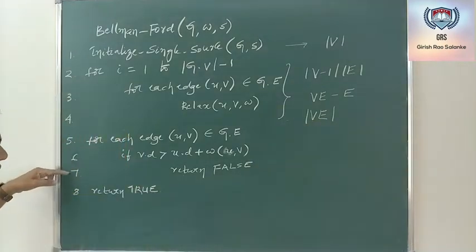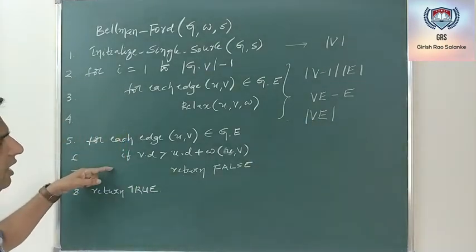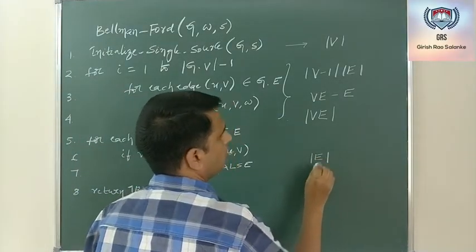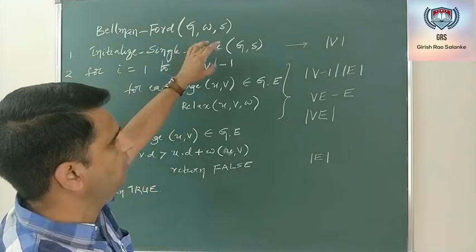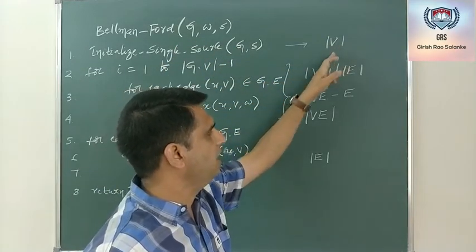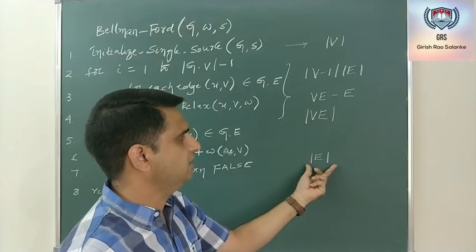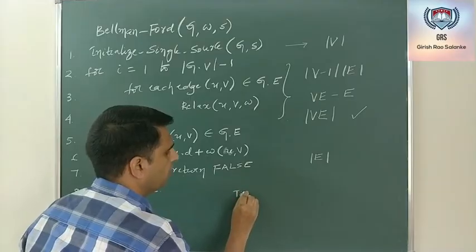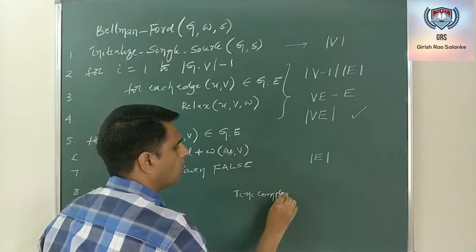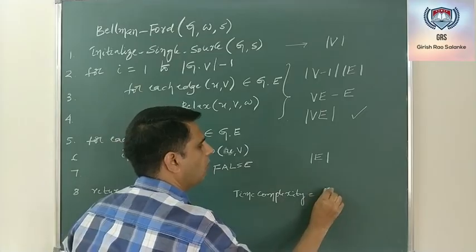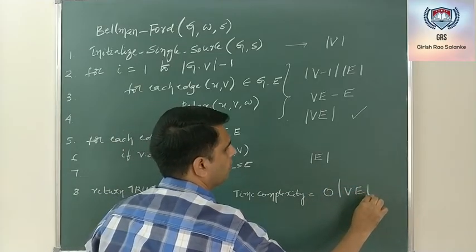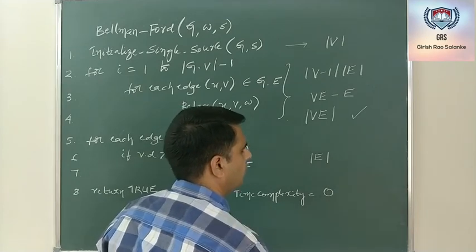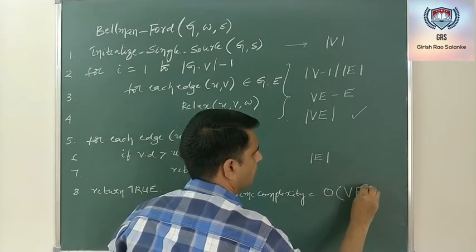Now coming to the fifth, sixth and seventh steps, how many times does this get executed? This depends upon the number of edges, so it is E. Now you have one part of the algorithm with a time complexity of order of V, next is order of VE and next is order of E. Among these three, the higher one is this, hence I can say the time complexity is order of VE.